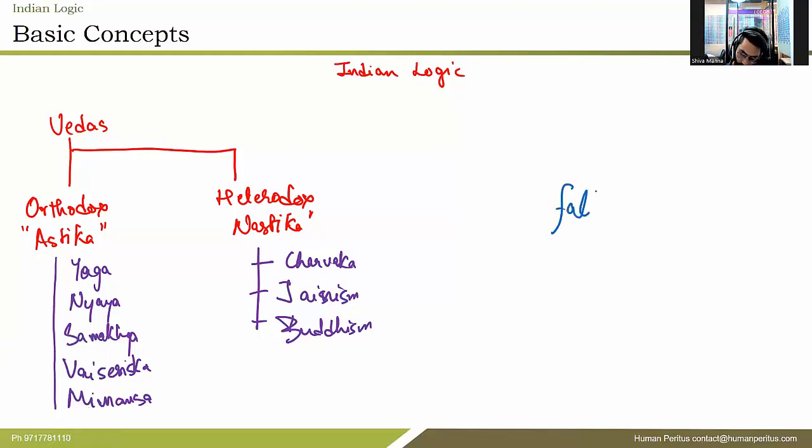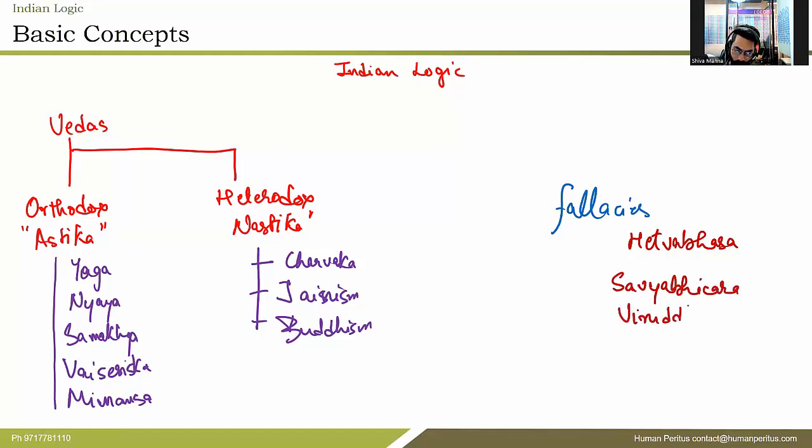Now, the Indian fallacies are called Hetvabhasa, and major types of Hetvabhasa or Indian fallacies are Savyabhichara, Viruddha, Asiddha, Satpratipaksha, and Badhita.